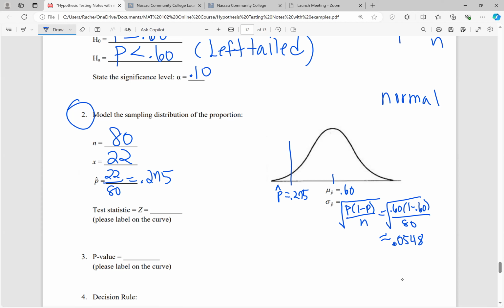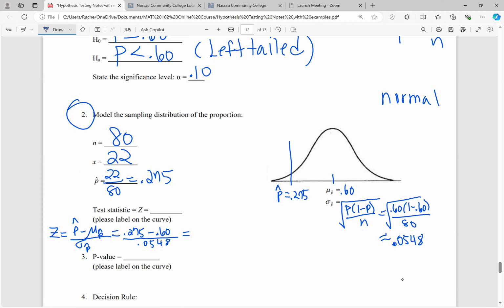Let's calculate z: p hat minus mu sub p hat, divided by sigma sub p hat. We take 0.275 minus 0.60, and divide that by 0.0548.